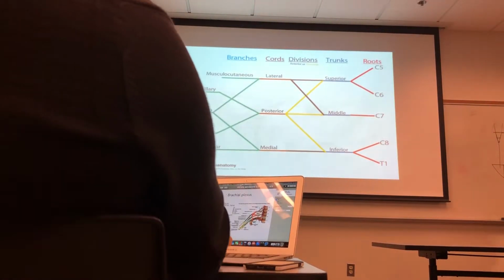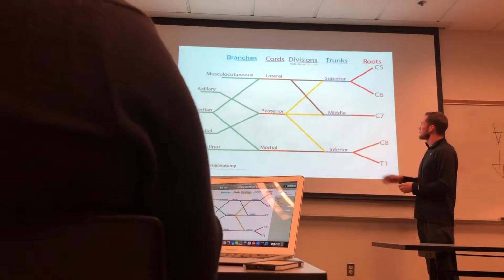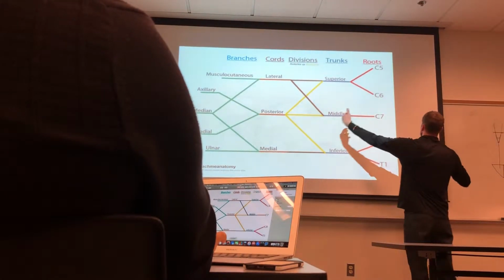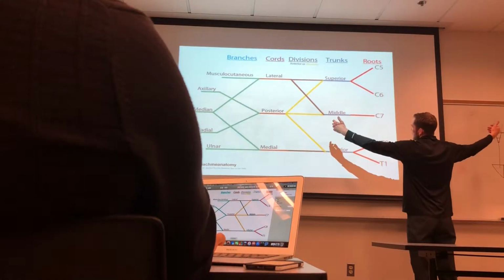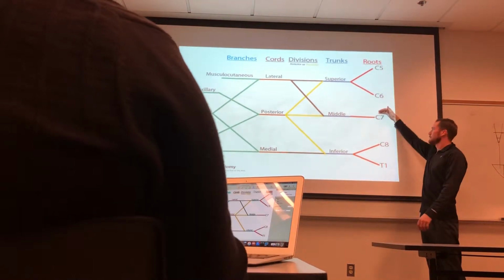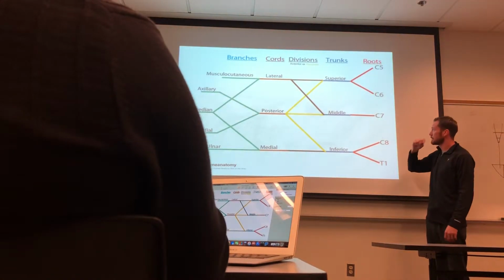So this is a simplified drawing of the brachial plexus. So spinal cord is in the center here. You would see a brachial plexus coming off each side. So you start with the roots, right, from each corresponding area. So C5 through T1 roots.